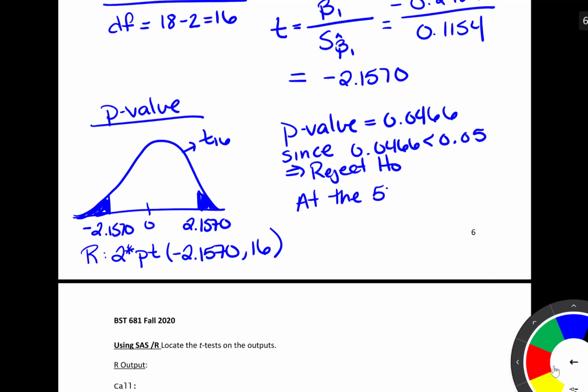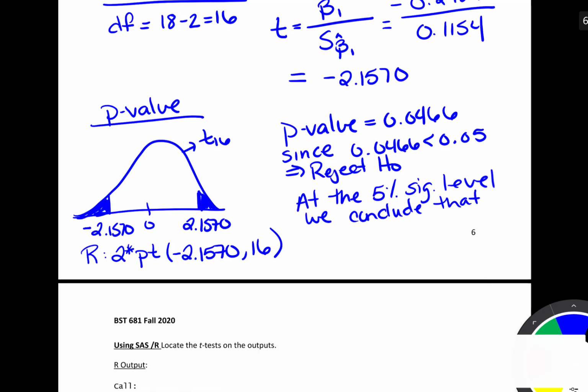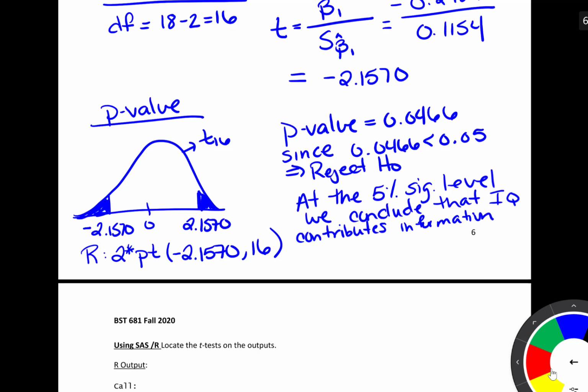At the 5% significance level, we conclude that IQ contributes information for the prediction of delinquency index using a linear model.